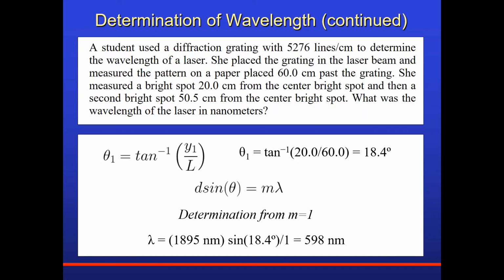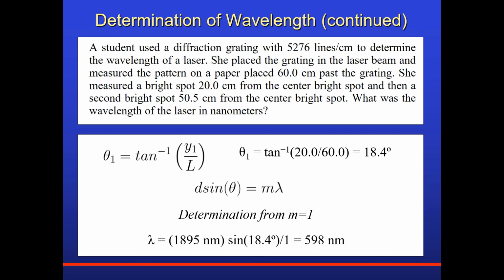There's sine of 18.4. We divide by 1. Of course, nothing happens when you divide by 1, but it's there for illustration that we are accounting for m, which is 1. You solve it and you get a wavelength of 598 nanometer. It's kind of a reddish orange wavelength.